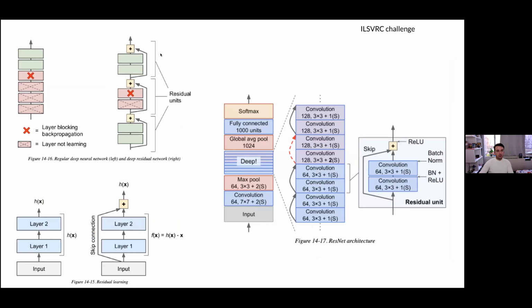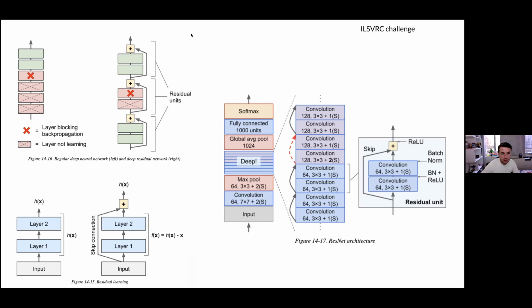Then there were more neural architectures, and something that is common in deep neural networks is that as backpropagation works, only the top layers, the ones close to the output, get updated, simply because of the vanishing gradient problem. As you go closer to the input, the gradients are so small that these weights are not updated at all.